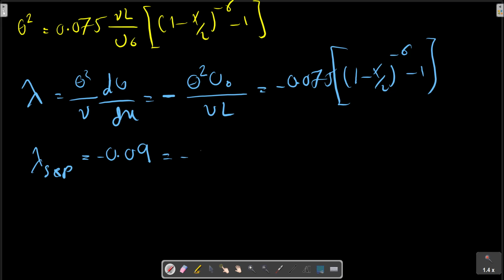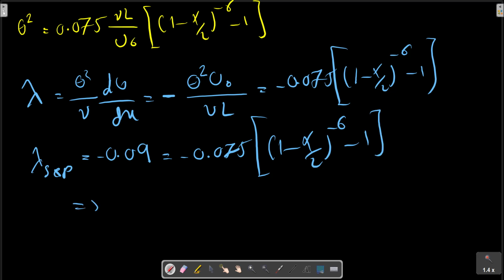Now we can have an equality with the previous relation. So x separation on L is this, which is less than 3% higher than the exact solution, with much less computational effort.